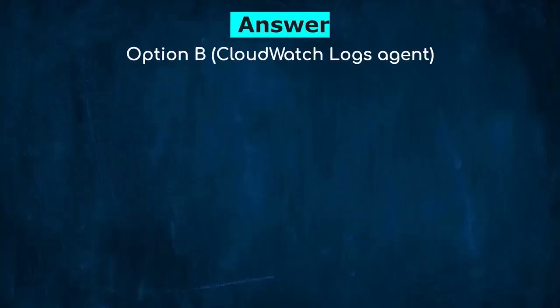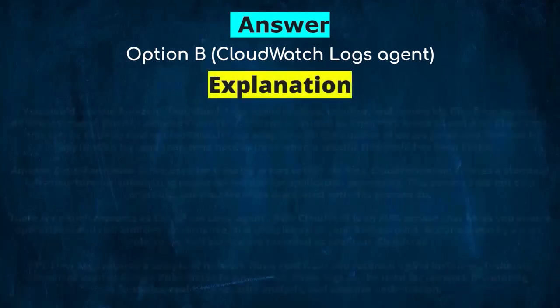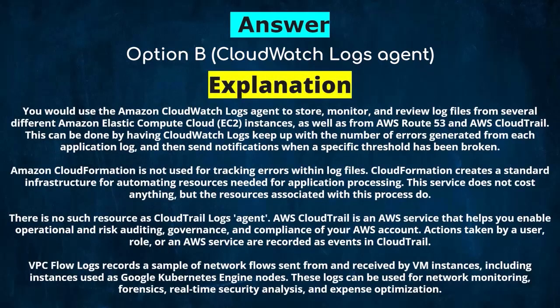CloudWatch Logs Agent. Explanation. You would use the Amazon CloudWatch Logs agent to store, monitor, and review log files from several different Amazon Elastic Compute Cloud instances, as well as from AWS Route 53 and AWS CloudTrail. This can be done by having CloudWatch Logs keep up with the number of errors generated from each application log, and then send notifications when a specific threshold has been broken.